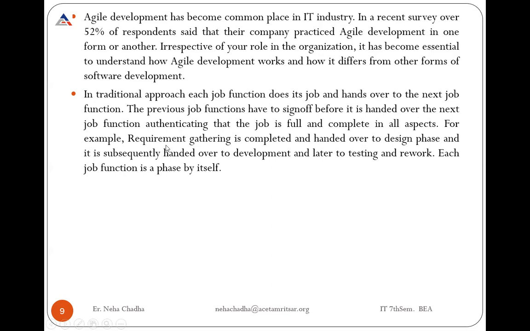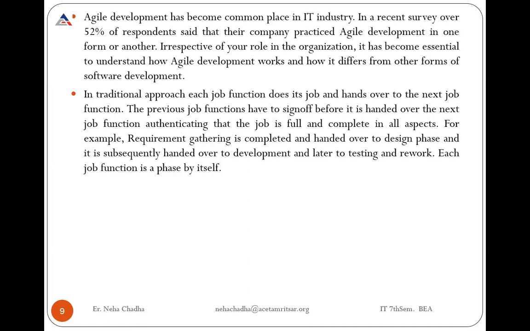That means we have to complete our first job. The working of one phase will be stopped there. Then only we can move to the next job or the next phase. For example, requirement gathering is completed and handed over to the design phase, and it is subsequently handed over to development, then to testing, and then to maintenance or rework.